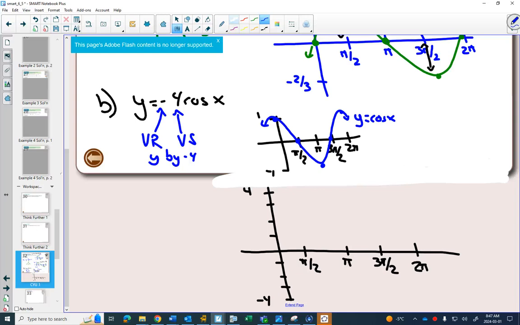Where do you think a negative cosine graph will start if there's been a vertical reflection? It's going to start at the minimum. So if normally a cos graph starts at a maximum, a negative cosine graph is going to start at the minimum. So I'm going to start at -4. Then I'm going to go to center line, then maximum, then center line, then minimum.